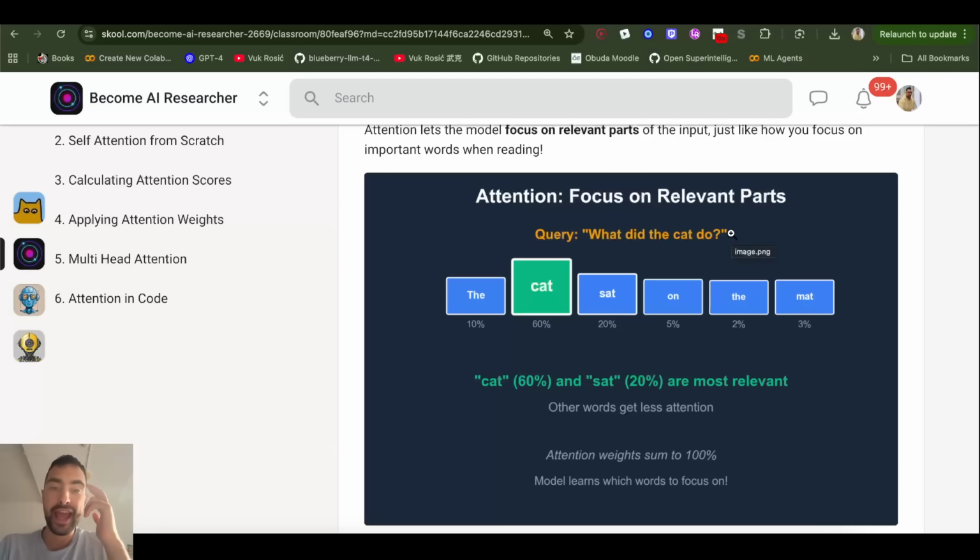So every one of the tokens, including this one, will create three things: query, key, and value. This is confusing, but bear with me. Each of these words or tokens will be a vector embedding. It's a vector. You can check my previous lessons, math, PyTorch, and neural networks to understand this.